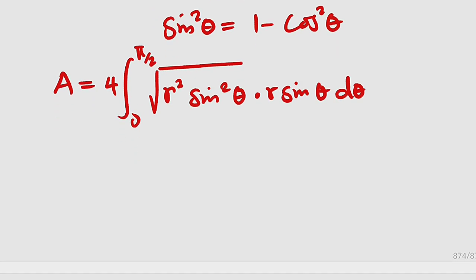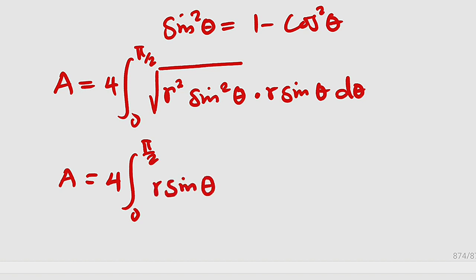We are moving. The square root of r squared is r. The square root of sine squared theta is sine theta, because the power of 2 will go, right? So this is A equal to 4 multiplied by the integral from 0 to pi divided by 2 of what? R sine theta multiplied by r sine theta d theta.